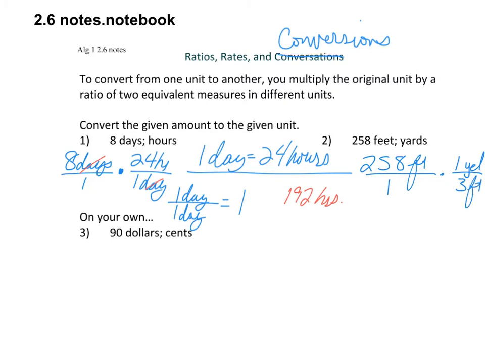One of the ways that I know what unit of measure to put in my denominator is to use the unit I want to cancel out. So I want to cancel out these feet right here, so I'm going to put feet in the denominator. That's how I know what I'm going to cancel out. 1 yard is equal to 3 feet, so it's basically like multiplying by 1.